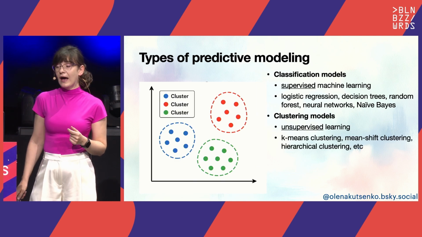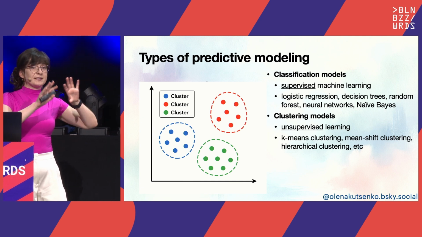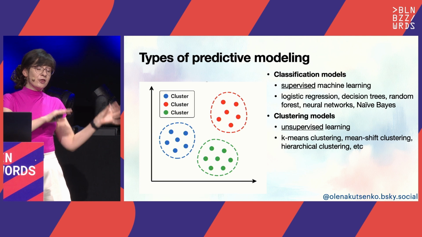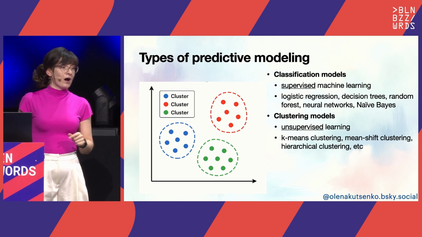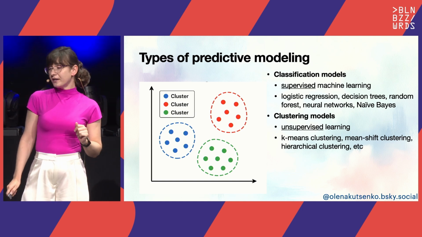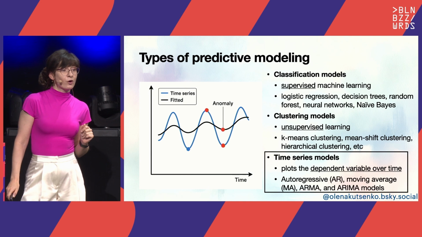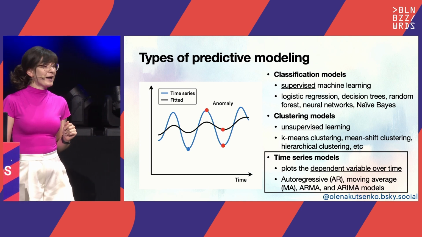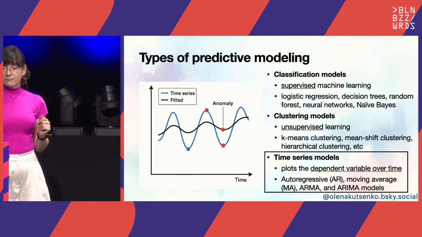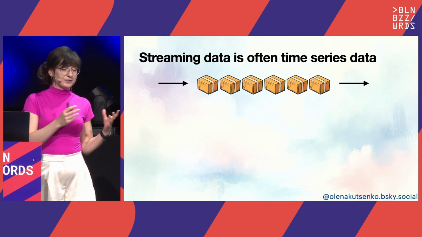We can also rely on unsupervised learning. It's where the model itself tries to classify the data into different groups, anomalies, not anomalies, or other chunks of data. However, for us, we are going to look into the third group of these models. We are going to look into time series models because the streaming data is often time series data.